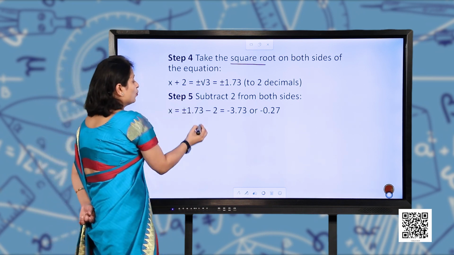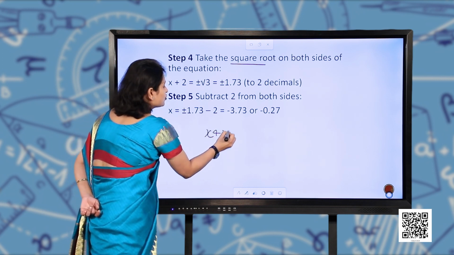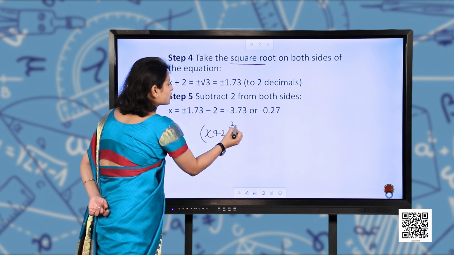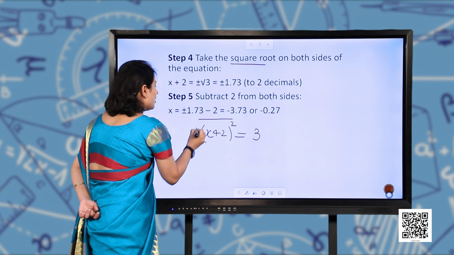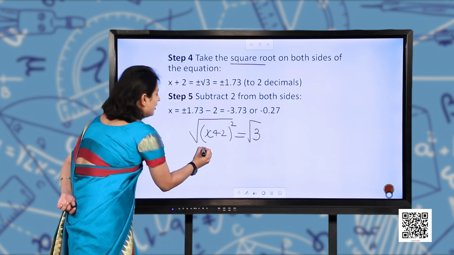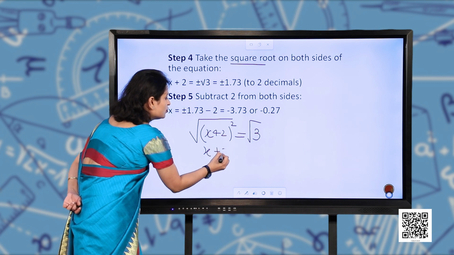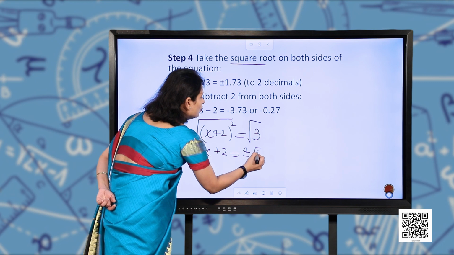When you take the square root of x plus 2 whole square is equal to 3, what will you get? X plus 2 equals plus minus root 3.